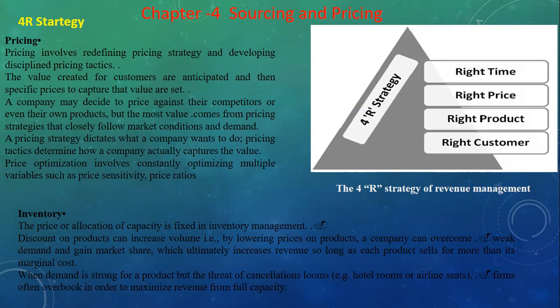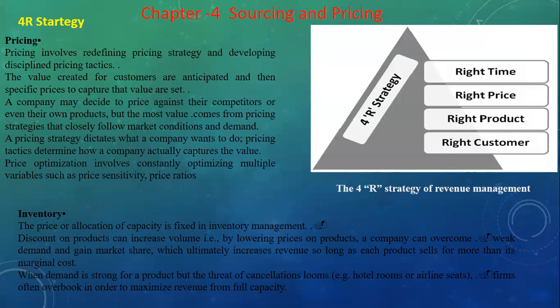Price optimization involves constantly optimizing multiple variables such as price sensitivity and price ratio. So here you need to understand that optimization of the pricing of the product constantly depends on these variables. These are the 4R strategy of revenue management where you need to check right time, right price, right product and right customer.